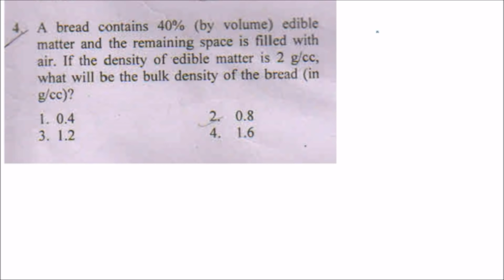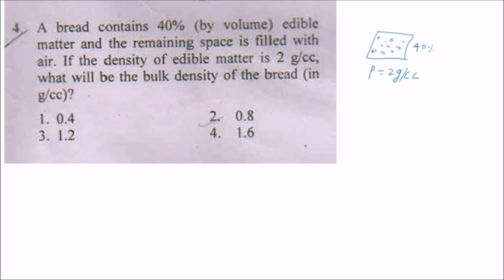A bread contains 40% by volume edible matter and the remaining space is filled with air. If the density of the edible part is 2 gram per cc, what will be the bulk density of the bread? We know that the bread has some porous particles where there is air.